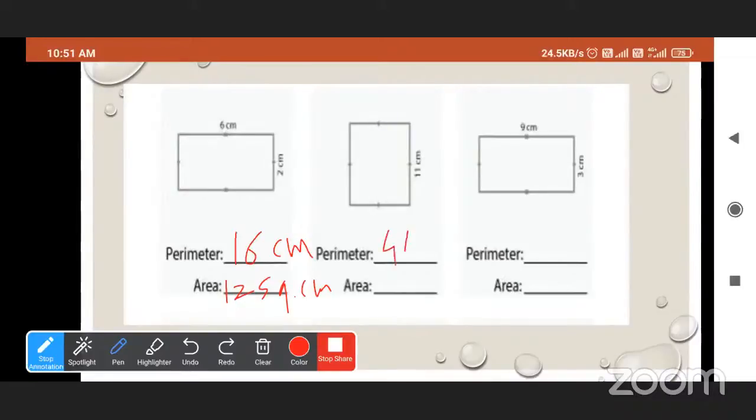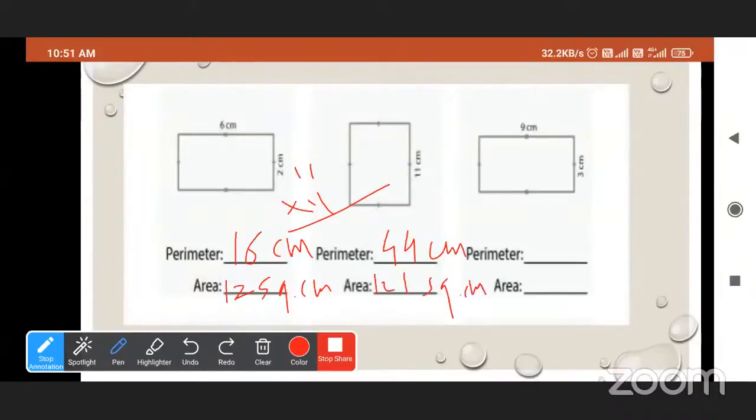In perimeter we have to add, and in area we have to multiply side by side. So 11 into 11 is 121 square centimeter.